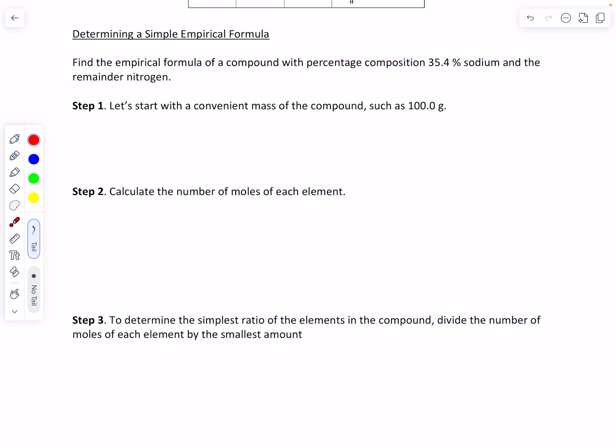Let's start with a convenient mass. Let's say that the mass of this sample is 100 grams.